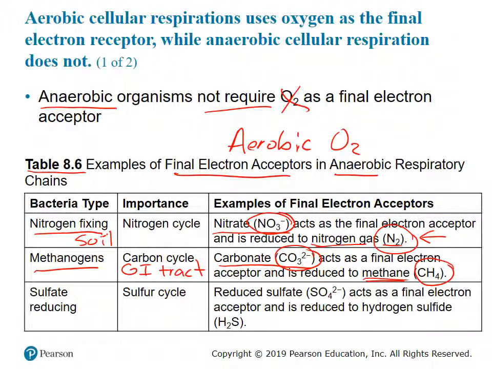So if you know anything about oil and gas, as you're drilling for oil, you hit these pockets of this gas, this methane gas, and it's really from organisms that have broken down organic molecules and are using carbonate to convert as a final electron acceptor to get energy, and they convert it into methane gas. And those pockets of gas are found in the ground, trapped.